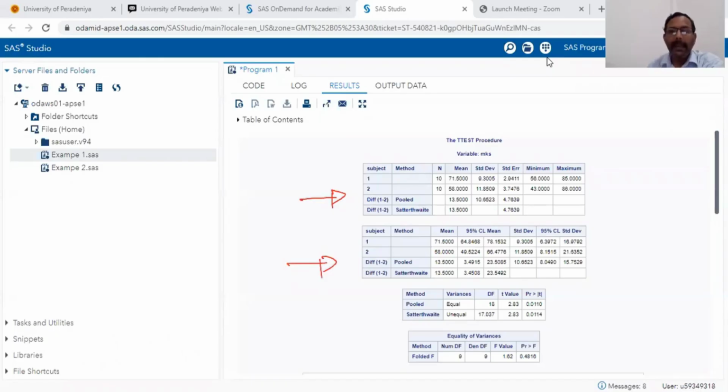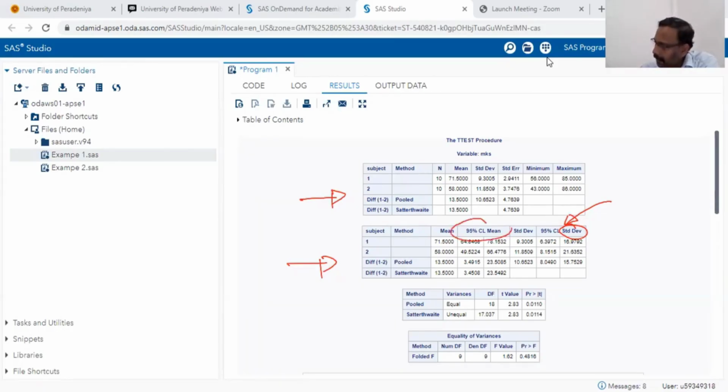That is the first table. Let's look at the second table. The second table also has the same set of information. In addition to that, you have this confidence interval. 95% confidence interval for standard deviation, not our confidence interval. Can you remember the confidence interval for the mean difference? If you can remember, the confidence interval for the mean difference is not that.